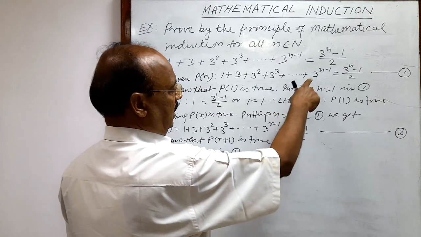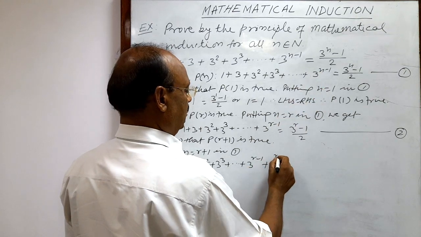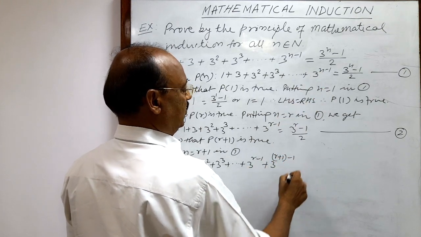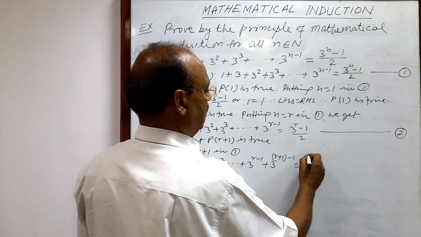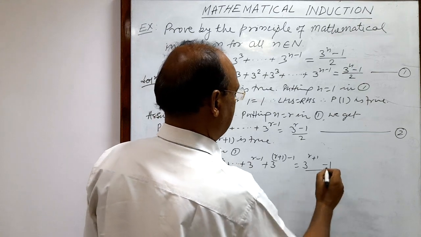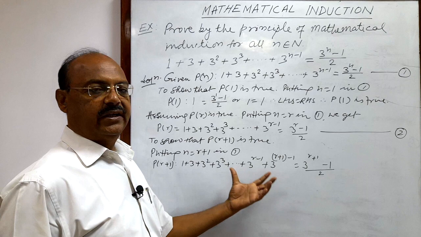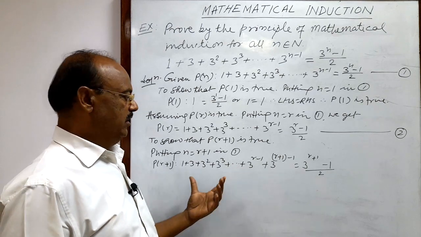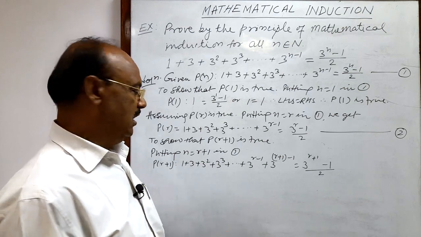The last term is 3 to the power, in place of n, R plus 1 minus 1. This is equal to 3 to the power R plus 1 minus 1 divided by 2. So you have to show that this relation is true. We start with the left hand side and show that LHS is equal to RHS.